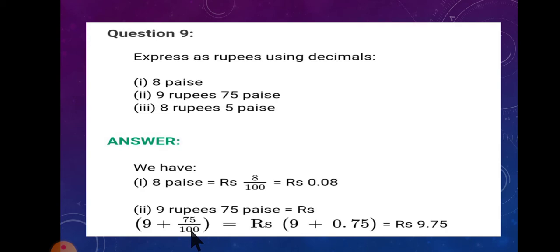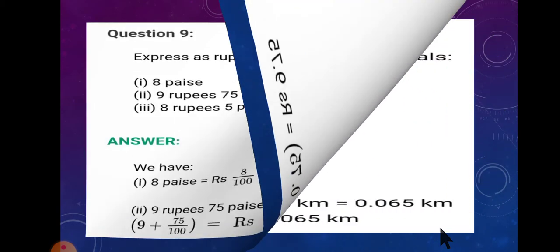Because there are two 0s in the denominator, we insert the decimal before 2 digits. So 75 upon 100 converts into 0.75 in decimal form, and then we add, because 9 is the whole number, so 9 plus 0.75 in rupees form, 9 rupees 75 paisa. Let's see our next question.